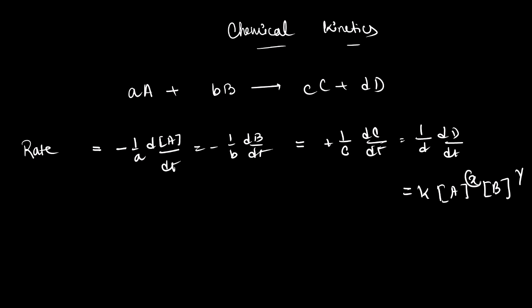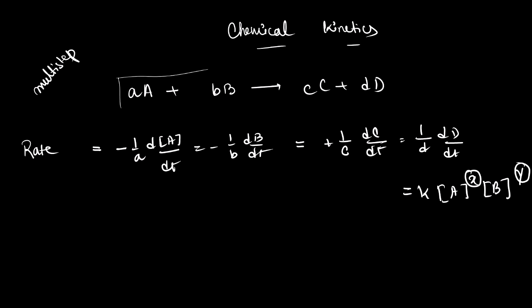Here x is the order of the reaction with respect to A, and y is the order with respect to B. It is not necessary that all reactants appear in the rate equation. If the reaction is a multi-step reaction, various steps will be there, and the slowest step determines the order.